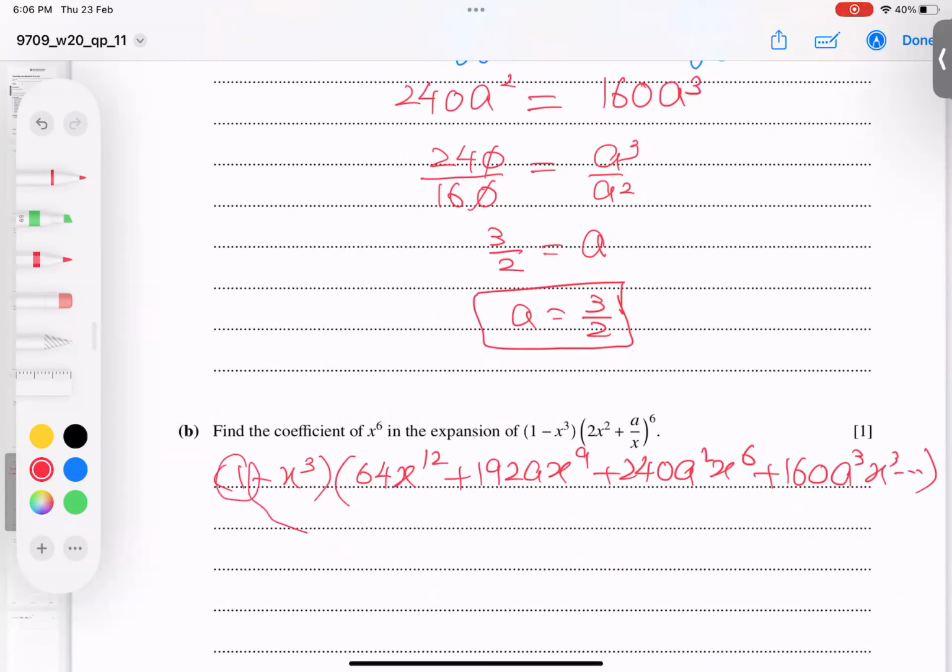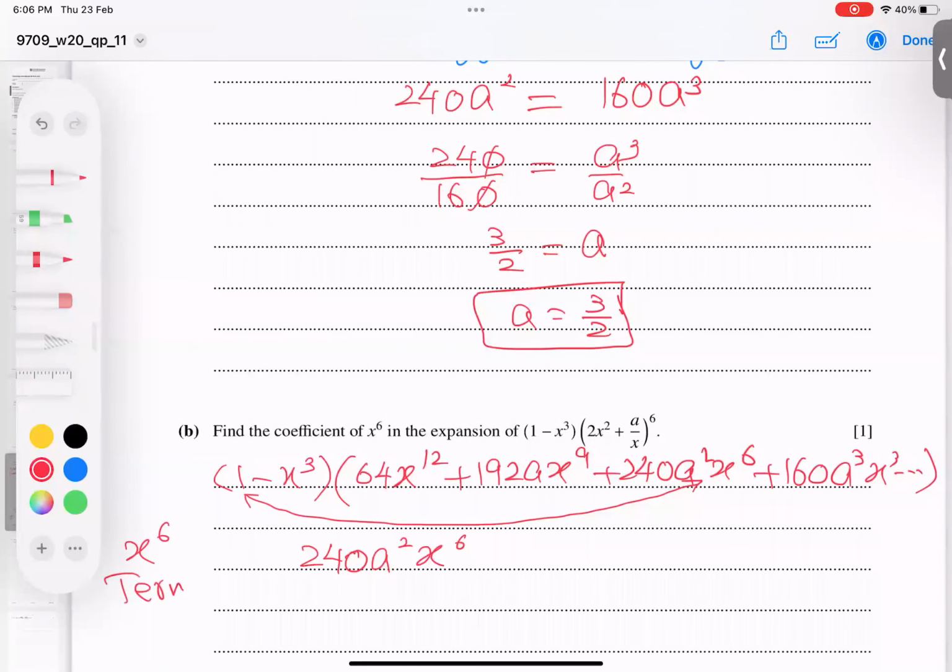Now we can see from here how the x to power 6 coefficient comes. This multiplied with this gives x to power 6, no benefit. This multiplied with x to power 9, no benefit. This multiplied with this will give x to power 6. So 1 into that, so 240 a to power 2 x to power 6. I'm writing only the terms involving x to power 6.